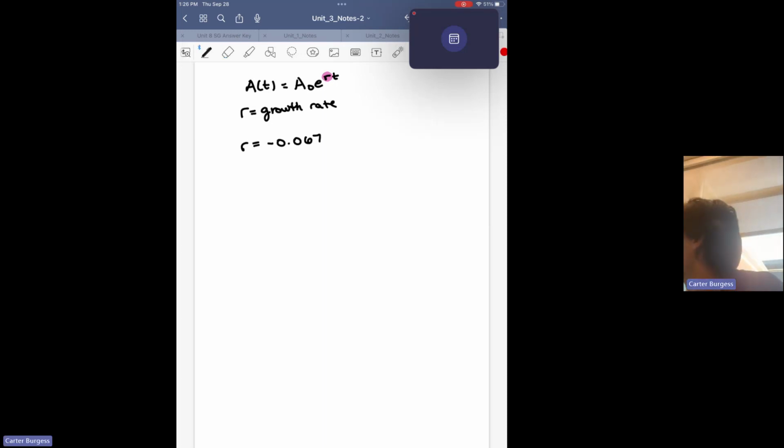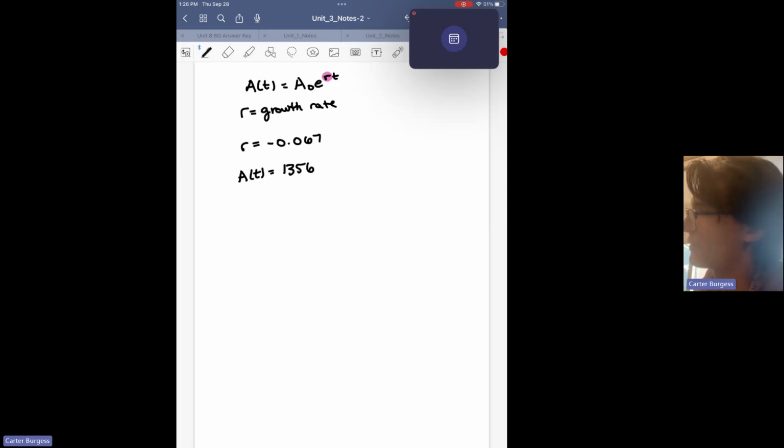All right. And so from here, we have a couple of different approaches, one of which is to say that my function is now A of t equal to A sub 0, in this case our initial amount, 1356. That was a comma, not a decimal point, but if you did a decimal point, you'll get something exactly the same, times e to the negative 0.067 times t.